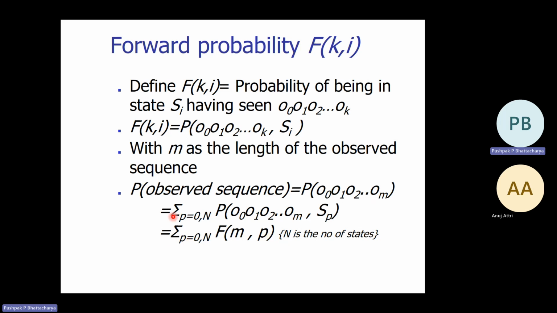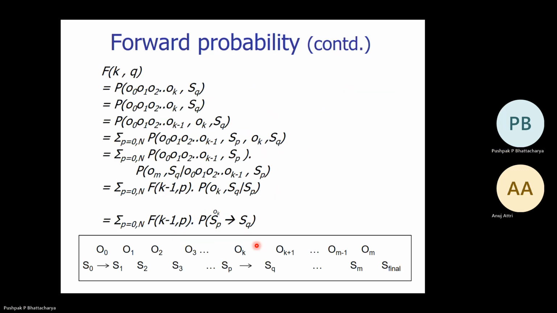So this is how forward probability is used to compute the probability of the observation sequence. It's a joint probability. Now this forward probability can be computed efficiently using recursion and the Markov assumption.